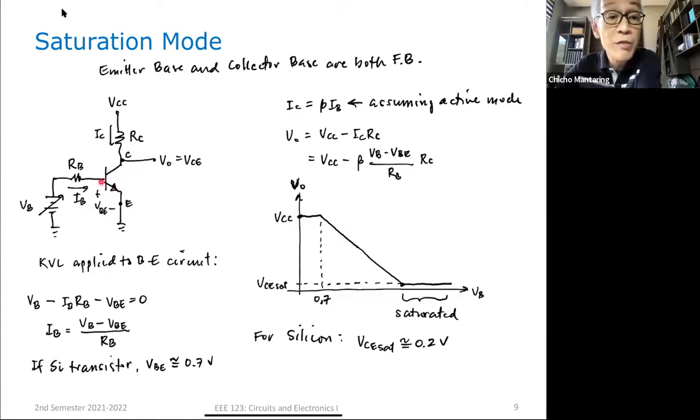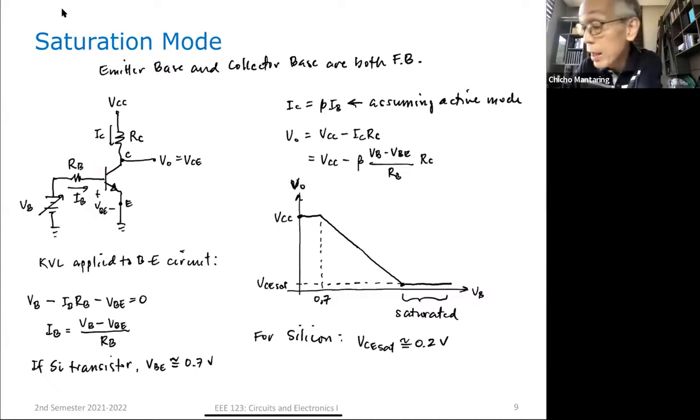When VCE is large, so here it's large, this is positive with respect to the base. But remember, this is P and this is N, so this is reverse biased. No? But as VCE gets smaller and smaller, okay, this terminal becomes less positive with respect to the base. And it comes to a point where now this diode becomes forward biased.